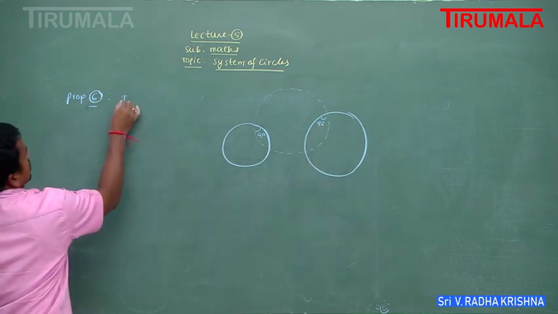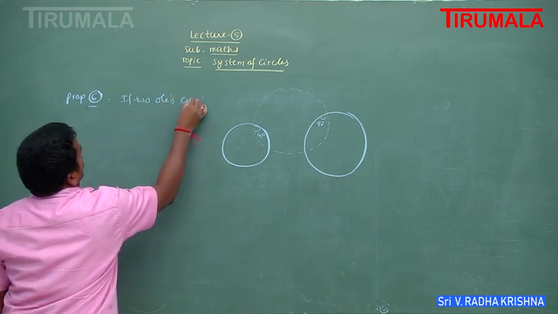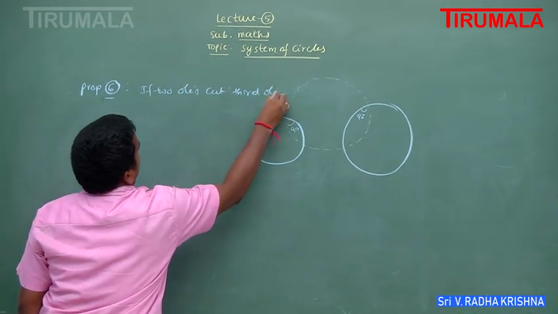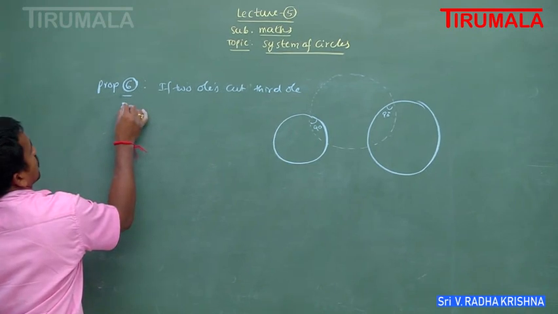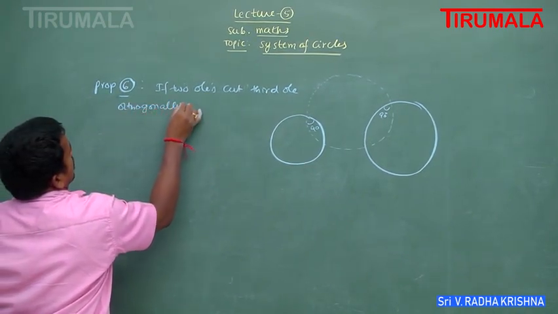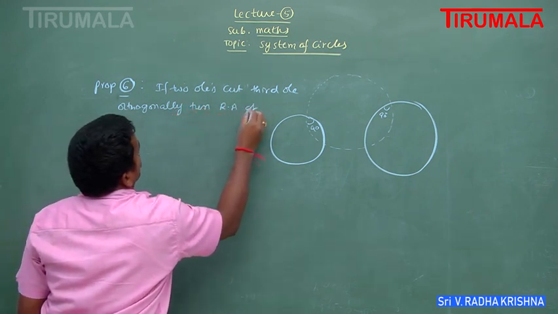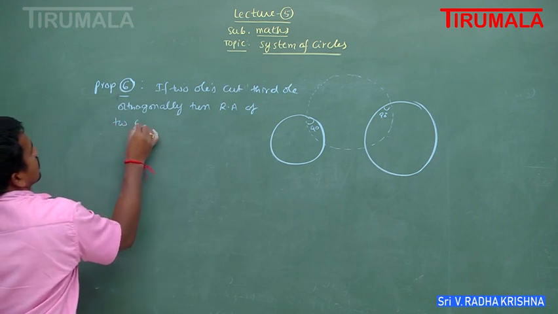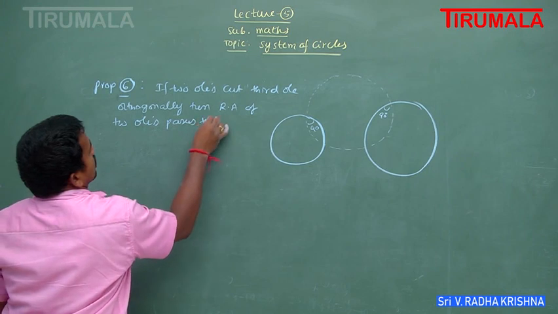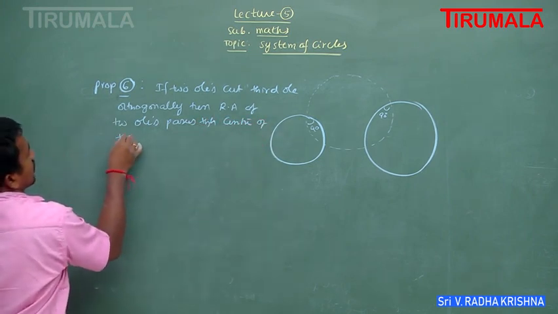The condition is: if two circles cut the third circle orthogonally, then the radical axis of the two circles passes through the center of the third circle.